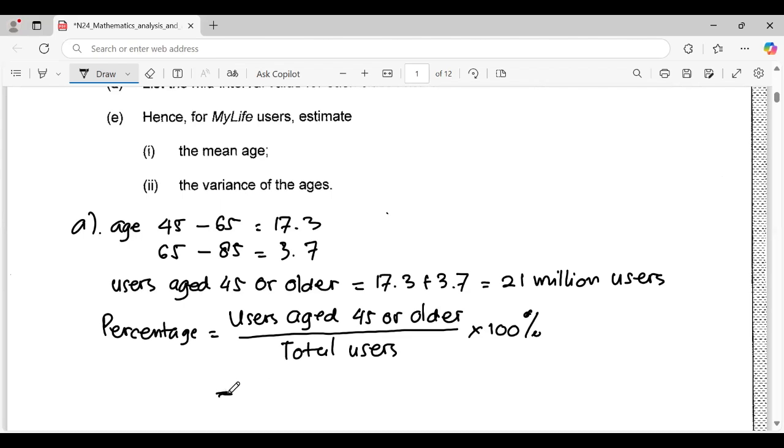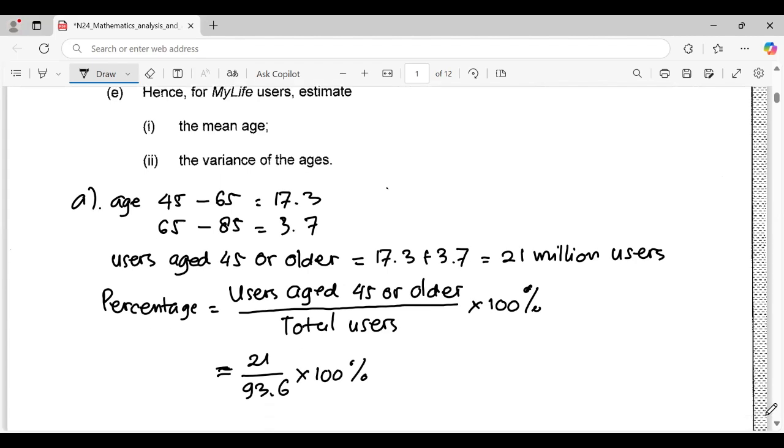It is 21 over the total, 93.6, times 100%. It equals 22.4%.